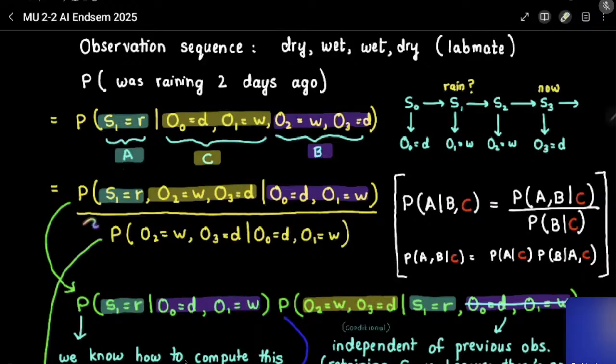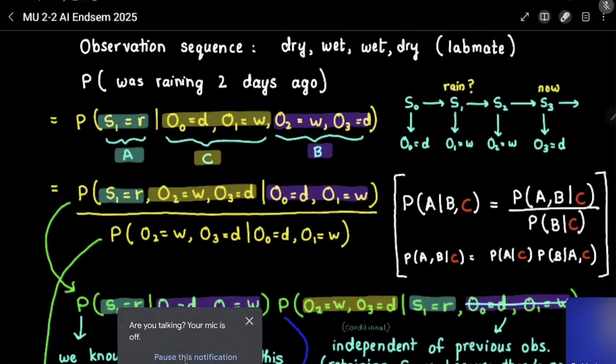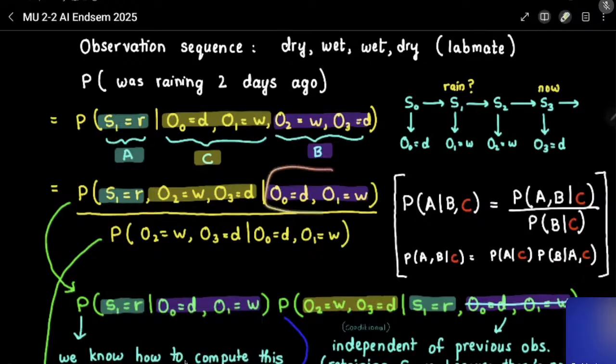In the numerator we have, see, why are we splitting it this way? If you realize, we are trying to find the probability that S1 equal to R, right? So we have kept all the observations until S1 in the given side, and all the other relatively future observations for S1 along with S1.